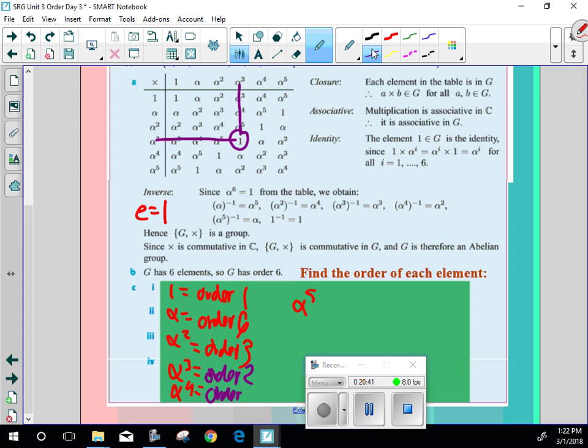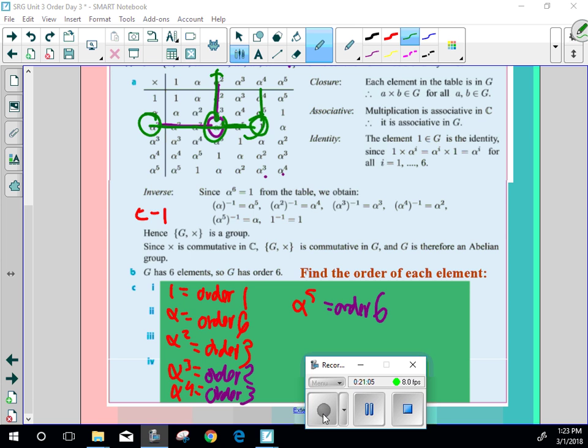Alpha 4 would be 1, 2, 3. Excuse me, 3. Yep. And then alpha to the 5th is going to be 1, 2, 3, 4, 5. I did it wrong. 1, 2, 3, 4, 5, and 6. Yep. So that's order for you.